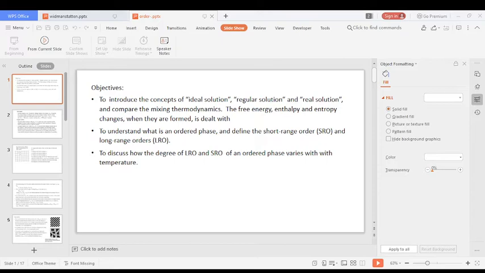So in literature, the short range order parameter is defined as follows. Short range order parameter S is equal to PAB minus PAB random, divided by PAB maximum minus PAB random. Here PAB maximum and PAB random refer to the maximum number of bonds possible and the number of bonds for a random solution respectively.